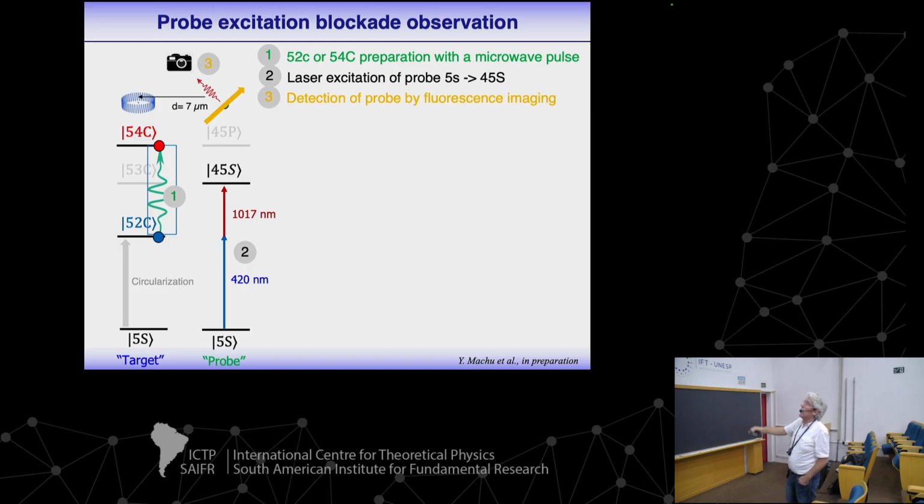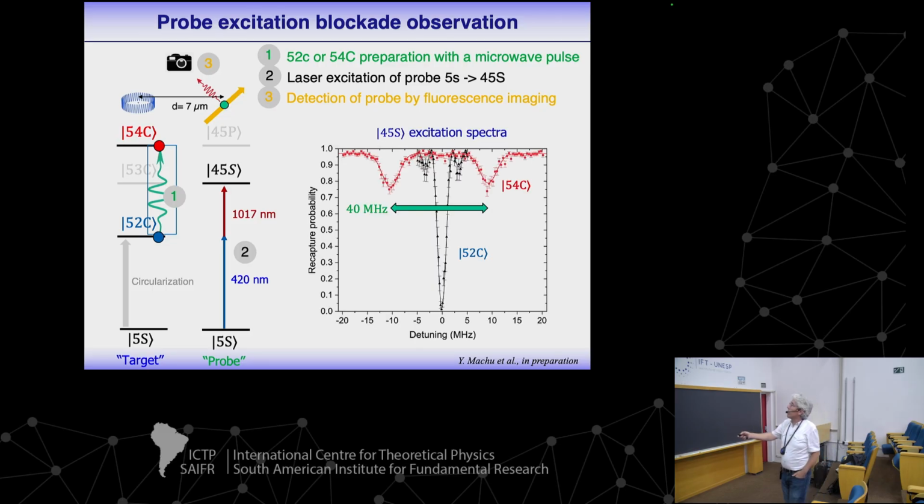Indeed, we also detect the circular atom by decircularizing it and measuring it destructively, so that we can compare destructive and non-destructive measurement. And here is the spectrum of the probe excitation, depending on whether, when you decircularize, you detect either 52C or 54C. So that's a conditional signal you obtain by post-selection over the result of destructive detection of the circular atom.